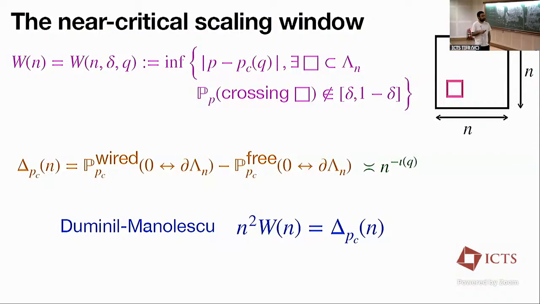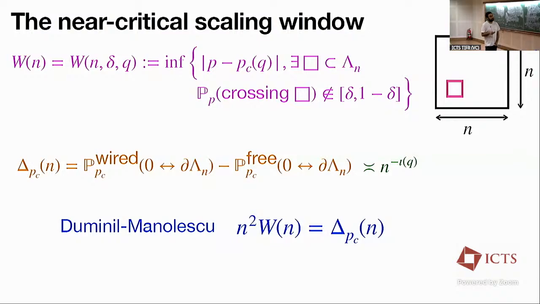This was introduced in the formalism of the paper on scaling relations by Manolescu and Kesten. So what is the scaling window? I fix some delta, which is a fixed number but small enough, and W of n, the critical window with respect to delta, will be the biggest deviation I can allow from the critical value such that in one of the squares inside, my crossings start to become very close to 0 or close to 1.